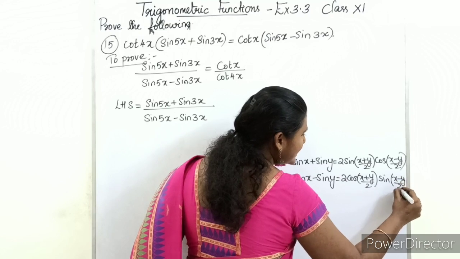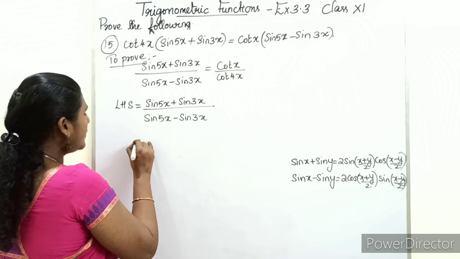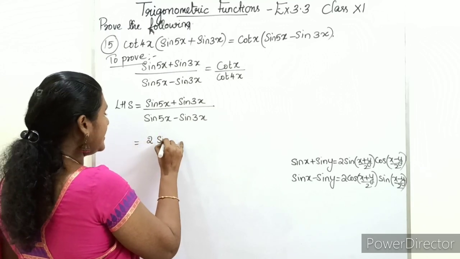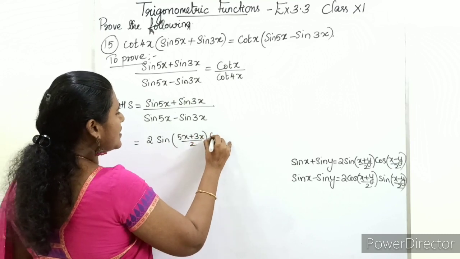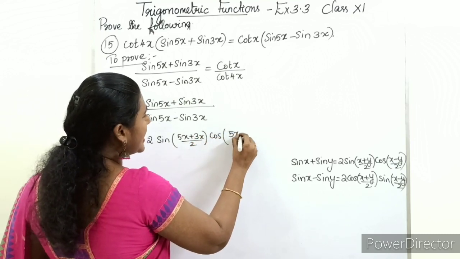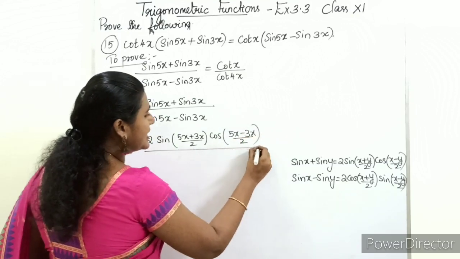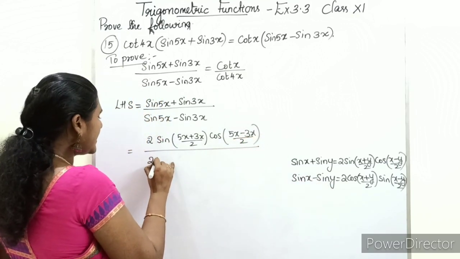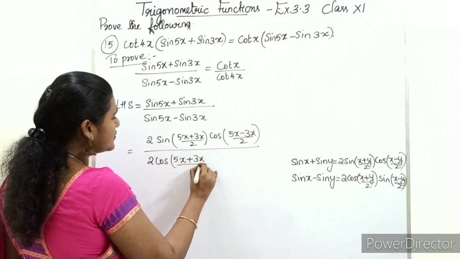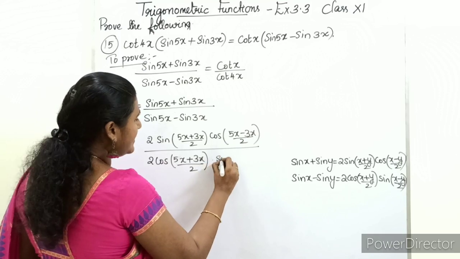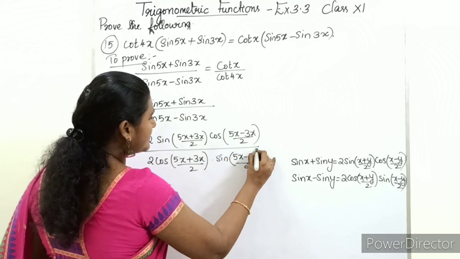Now we will use these two identities here in the numerator and denominator. So you will get 2 sin (5x plus 3x) by 2 into cos (5x minus 3x) by 2. This is the numerator, and in the denominator, this identity we will use, that is 2 cos (5x plus 3x) by 2 into sin (5x minus 3x) by 2.